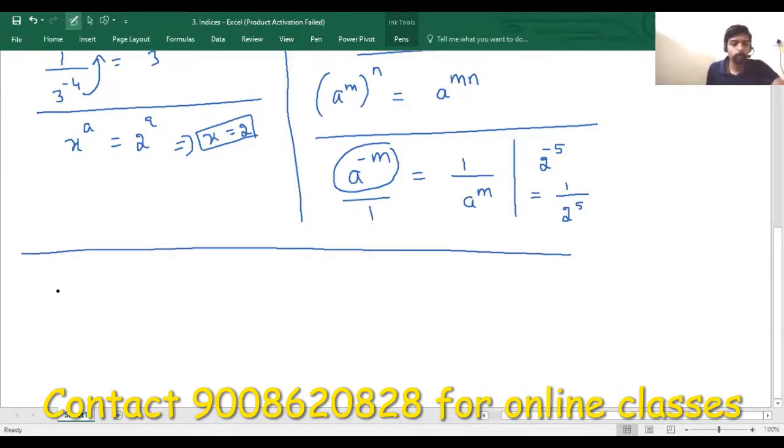Guys, next property. Cube root of x can be written as x to the power 1 by 3.